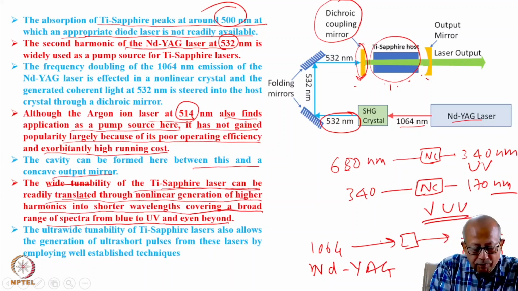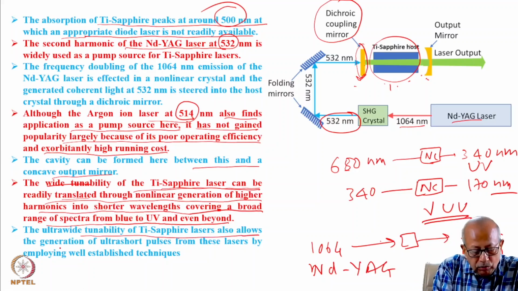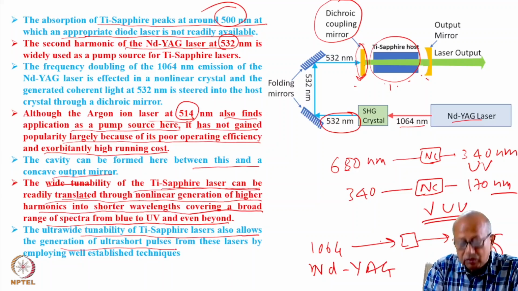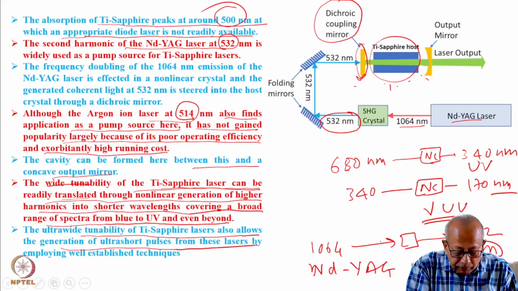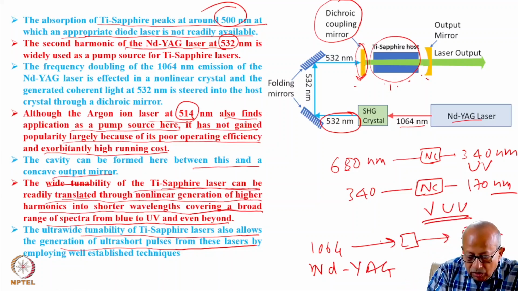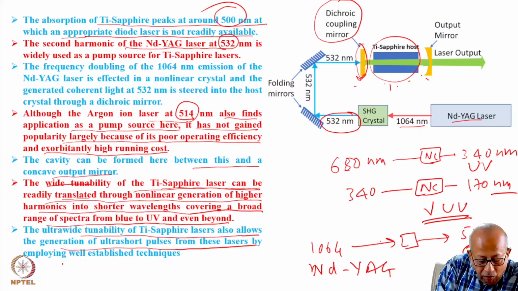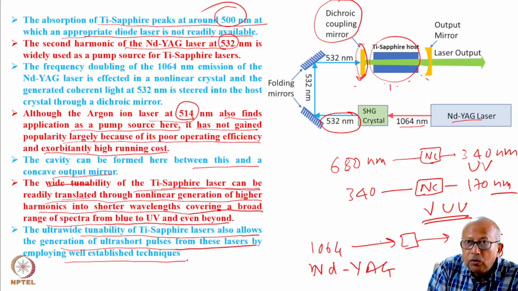And further, the ultra-wide tunability of the titanium sapphire laser also allows the generation of ultra-short pulses from these lasers by employing well-established techniques. However, this is beyond the scope of this course, so it won't be possible for me to explain here the underlying physics of generation of such short pulses.